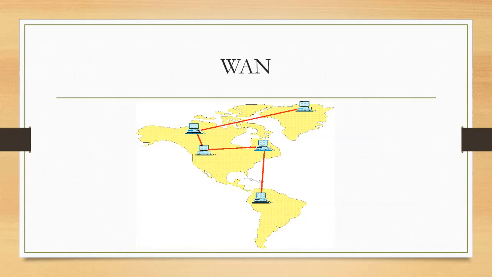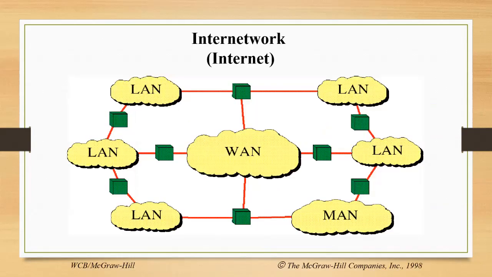Across various countries, if you have a single network, we say that all the stations are on the WAN. Now, the next diagram should give you an idea about how the internet works. What is the internet? The internet is a collection of various LANs connected to MANs or WANs directly. So this whole network is called an internetwork, which we abbreviate as internet.